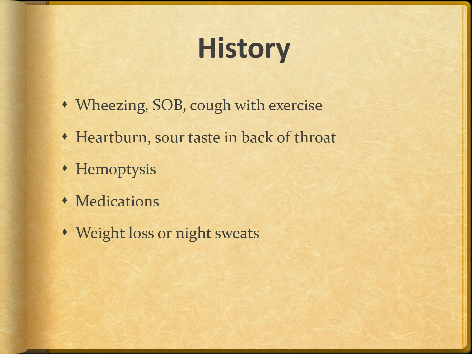Again, we find coughing up blood with bronchitis, but of course you definitely want to explore if a patient tells you that this has been persistent for a couple of weeks, you'll consider TB or even lung cancer with hemoptysis. Some medications that patient would be taking, again, like I said, your ACE inhibitors will be culpable medications for this. Some weight loss or night sweats, and of course consider TB or any recent foreign travels.